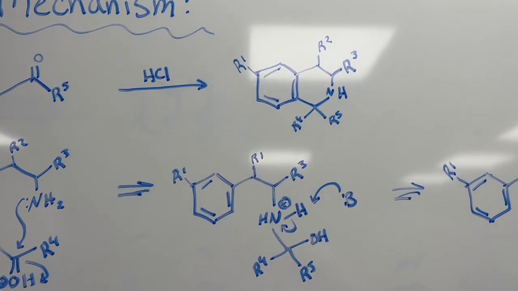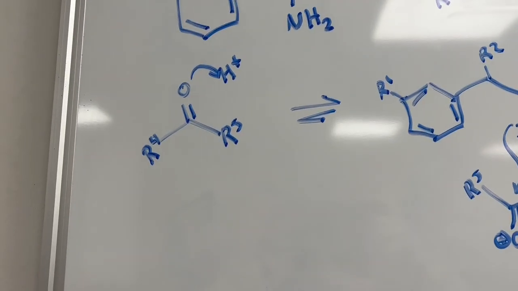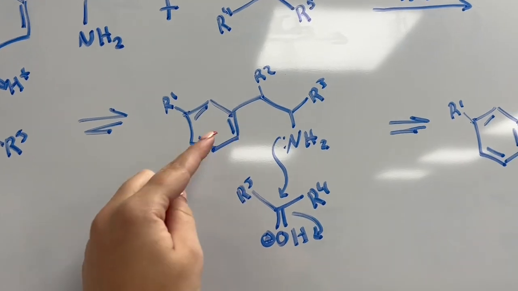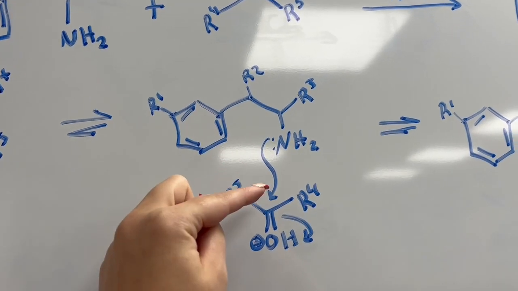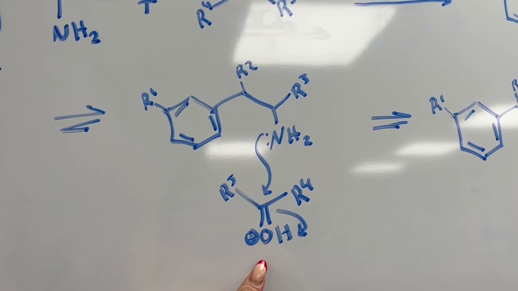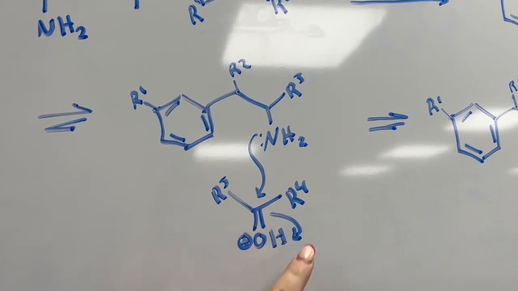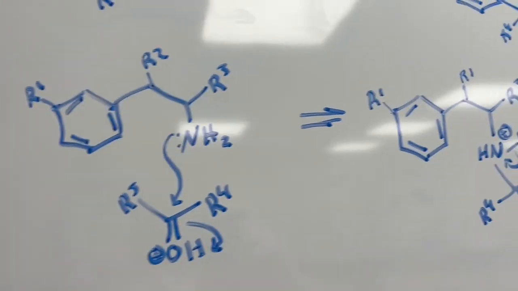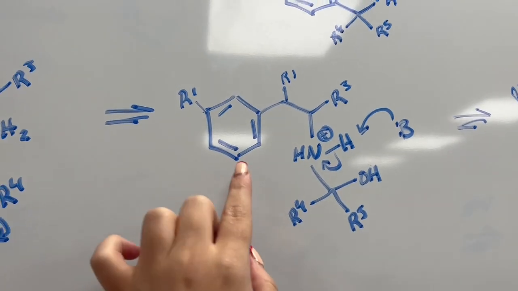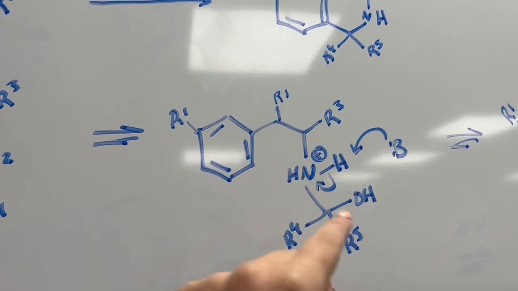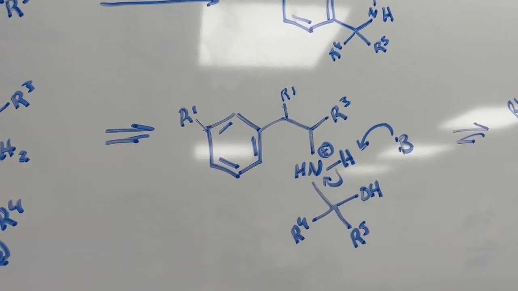To start off our mechanism, we are going to protonate our carbonyl so that our nitrogen can use its electrons to attack the carbonyl center and push up the double bond electrons onto the O. Now this is attached, as we can see. Now our nitrogen is positively charged, so a base is just going to come and take off the hydrogen.